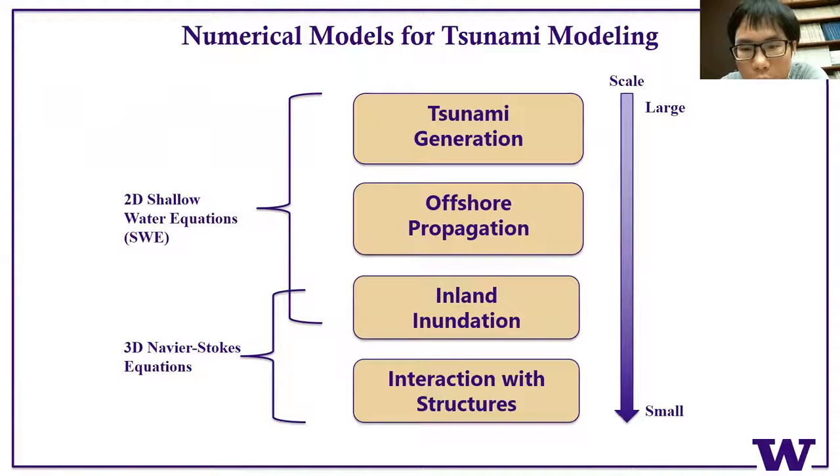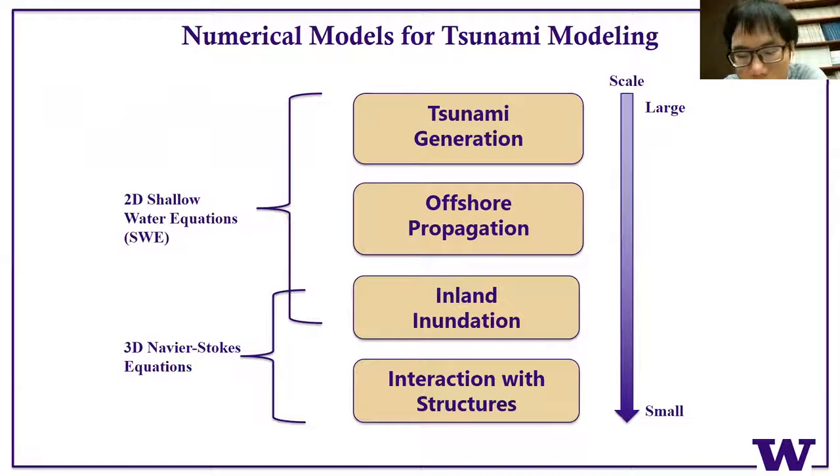Here, our focus is actually on the offshore propagation, inland inundation, and interaction with structures. Since the case we are considering consists of 3 of those 4 steps, it's not very clear whether we should use the 2D shallow water equations to model this or the 3D Navier-Stokes equations.